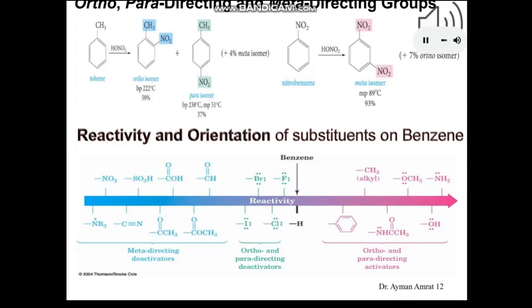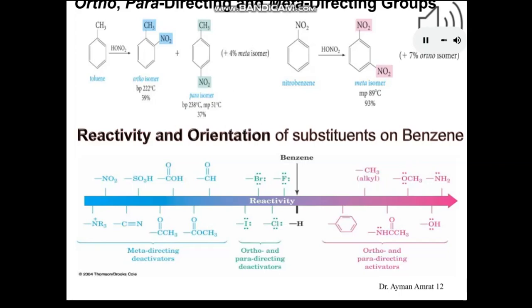The second difference is the orientation. Orientation means where the substitution will occur. All activator groups are ortho-para directors, meaning the substitution goes to the ortho and para positions, while the deactivators are classified into two types of orientations.